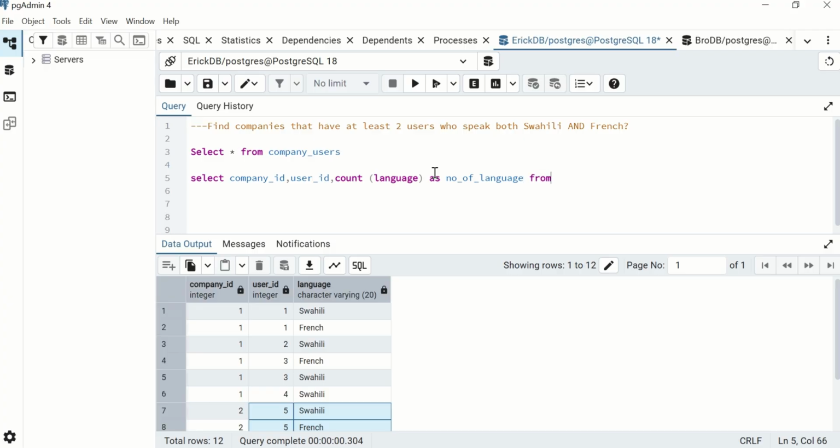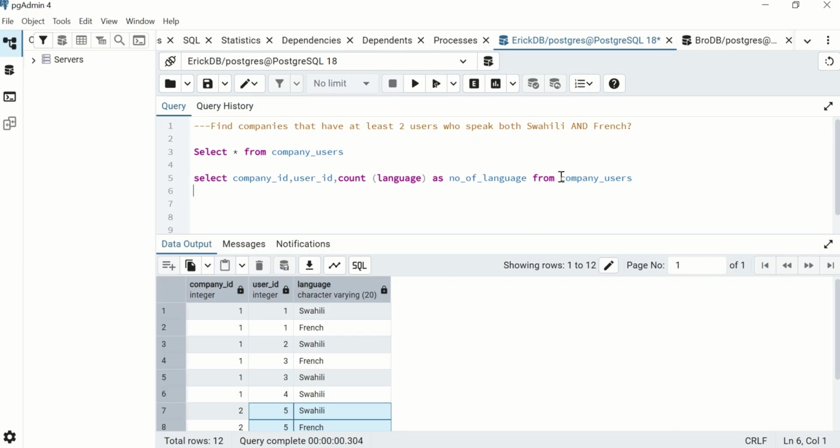From our table, which is company users, we group by company ID and user ID. We can also filter, because we are only interested in Swahili and French, so we can filter only the users who speak those languages.